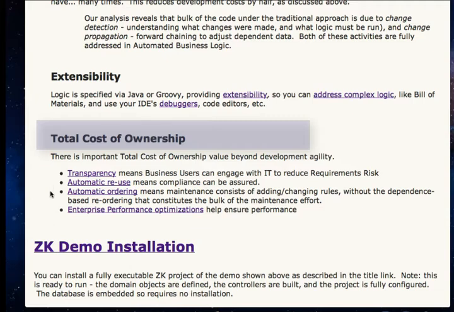The system uses introspection and bytecode analysis to determine the dependencies between the rules and therefore a proper order of execution, so that during maintenance, you simply change or add or delete the rules and the system reorders the logic, replacing the vast majority of work done in maintenance to understand the dependence of existing code. And finally, the system provides enterprise-class performance optimizations, which you can read about on our website.